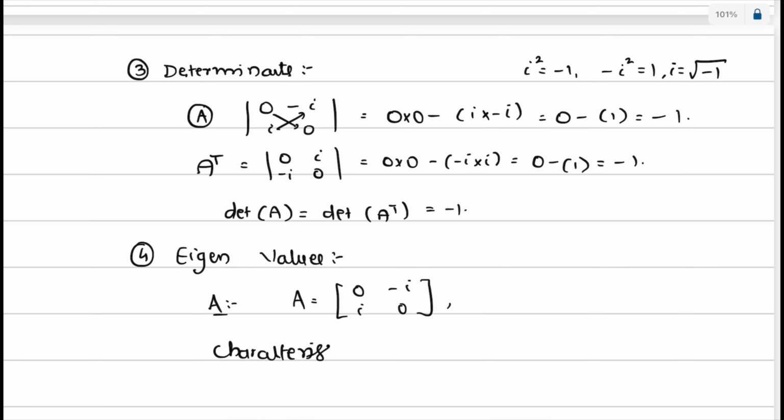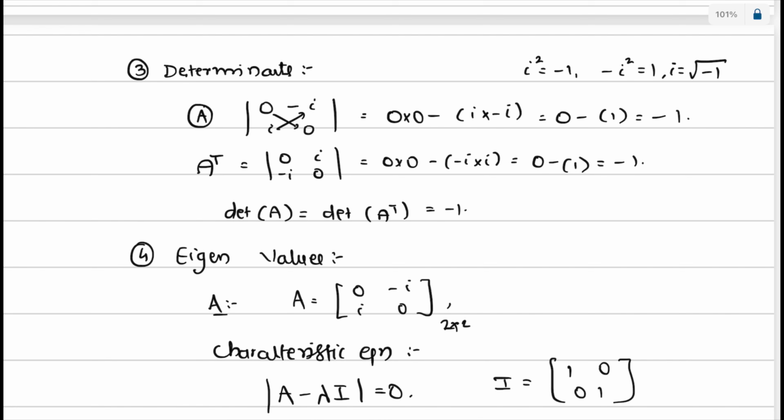I have already told you, the characteristic equation is determinant of A minus lambda I is equal to 0. Here, because it is a 2 by 2 matrix, I is equal to [1 0; 0 1].